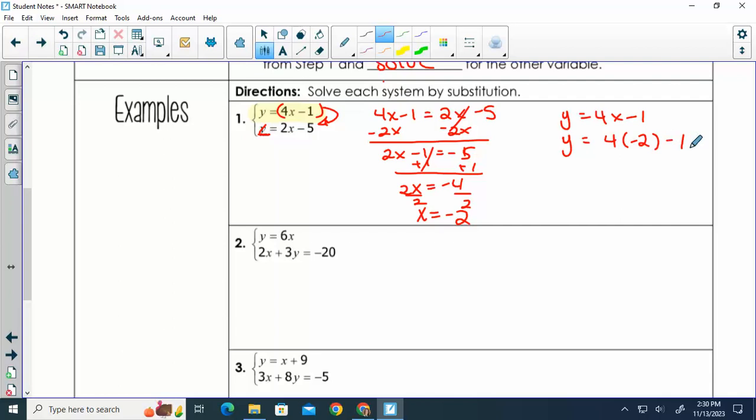Does everybody know what I did there? So if we solve that, y equals negative 9. And how do we write our final answer?